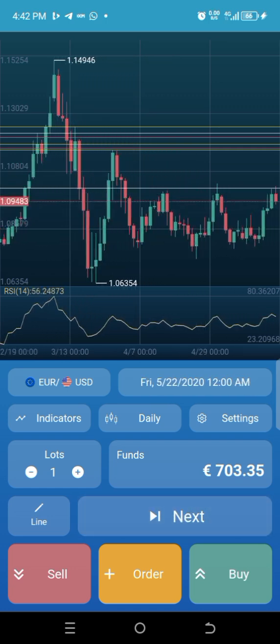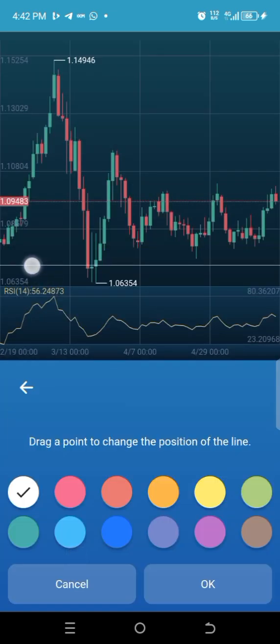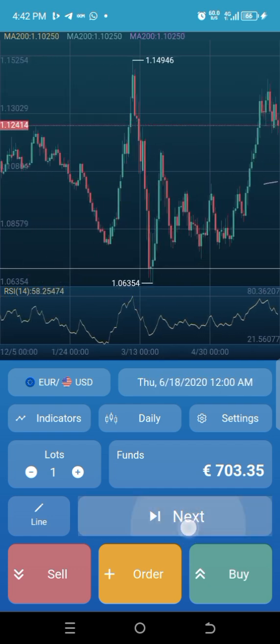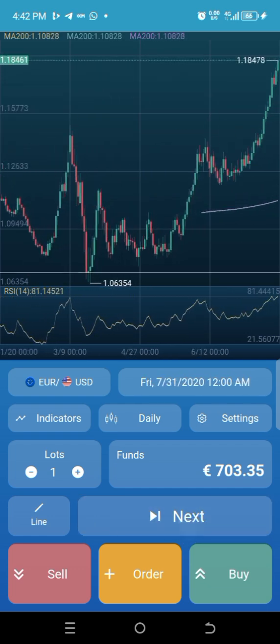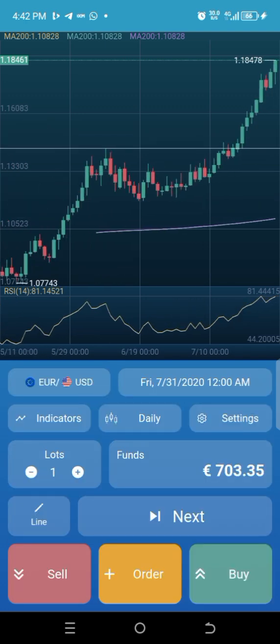Let's eliminate these lines. Validate this downward move. And price instead has gone up, ladies and gentlemen. So let's wait for price to validate that move.